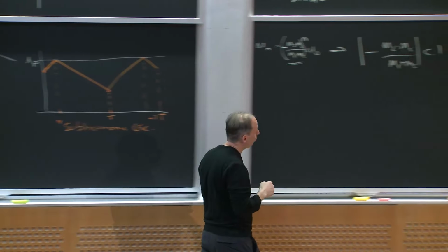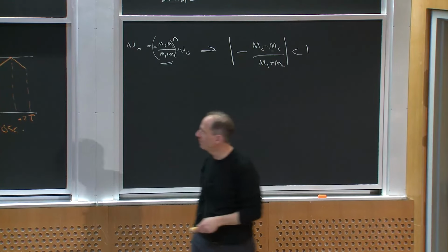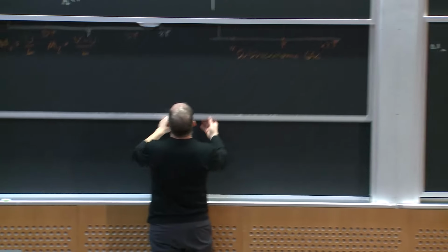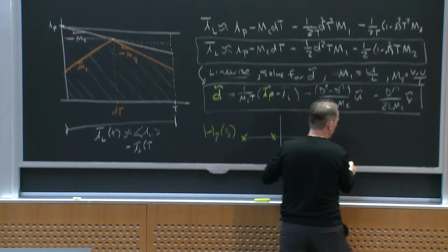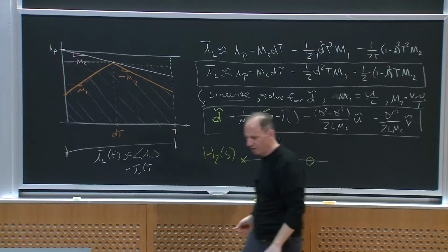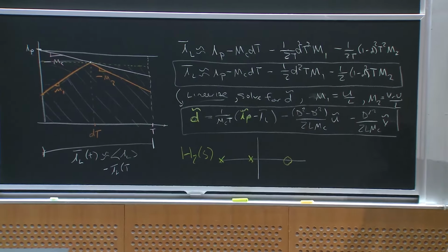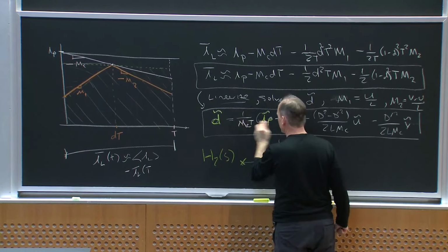Now, why don't I want to make MC really big? Well, keep in mind, if we came back to this original model, notice that MC appears in this substitution, right?